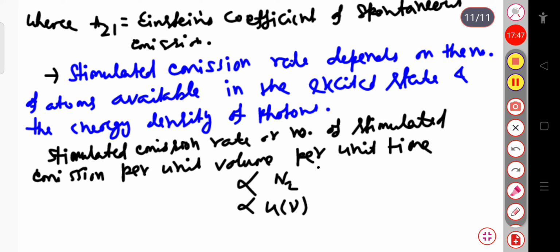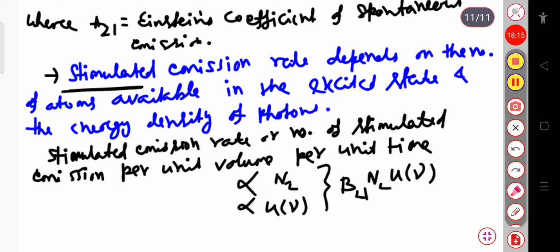So combining these two, if I remove this proportionality symbol, simply I have to write the proportionality constant B, because of the stimulated process, whether it is absorption or emission. Since it is the downward transition, that will be B21. So this is B21 N2 U nu. Simply remember, for the stimulated case I write the B coefficient.